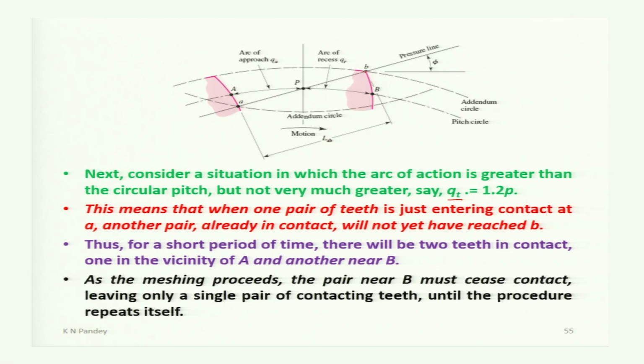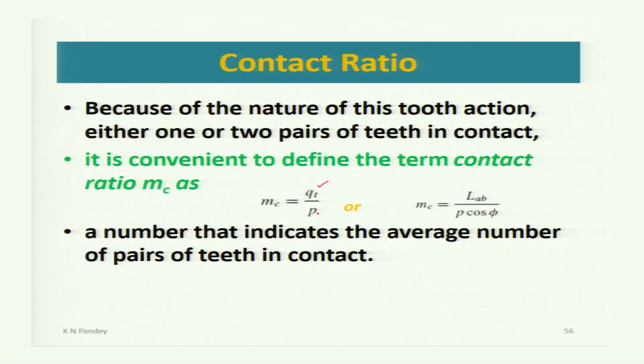So this LAB was taken instead of arc capital A to capital B. In that case, this circular pitch p was replaced by base pitch, which is p cos phi. So the term contact ratio may be defined as LAB, the line of contact, divided by the base pitch, circular pitch multiplied by cos of the pressure angle.